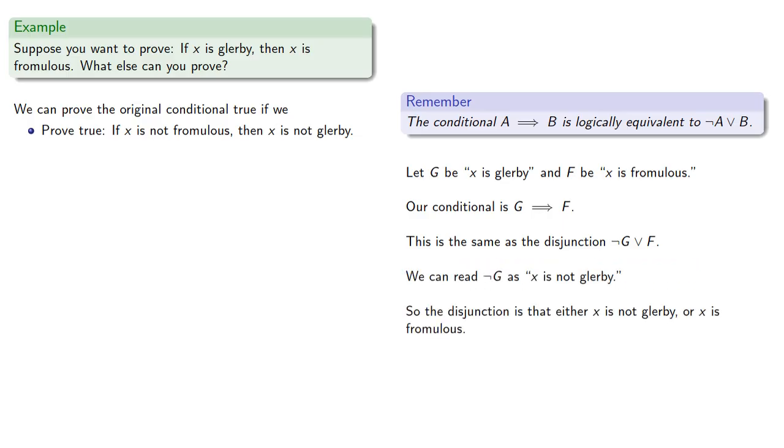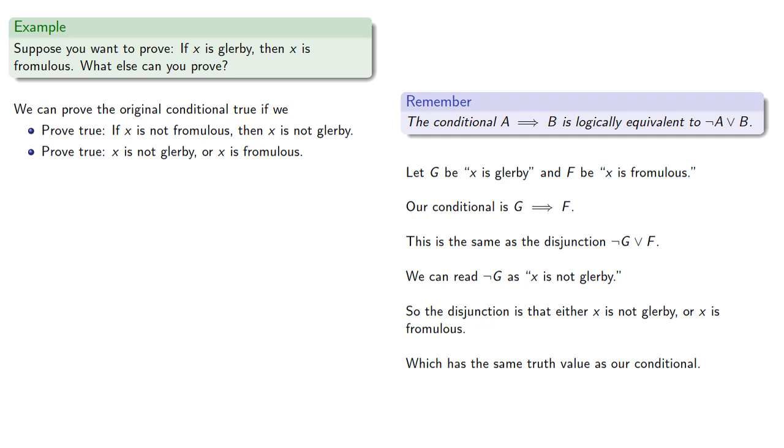So the disjunction is that either X is not glurby or X is fromulous, which will have the same truth value as our conditional. And so if we want to prove our conditional true, we can also prove true that X is either not glurby or X is fromulous.